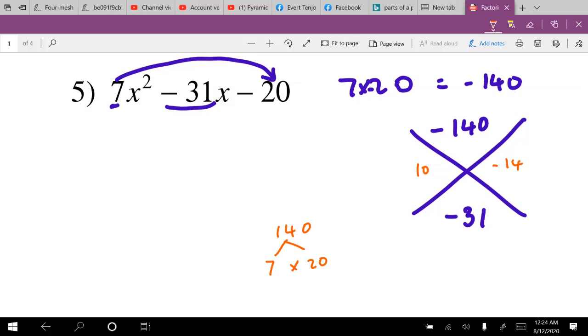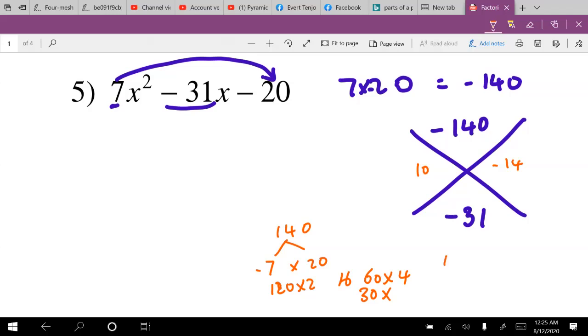Right? If we add this up, no, we cannot get that. It's 70 times 2. It's 140. It will not. It's 35 times 4. No.